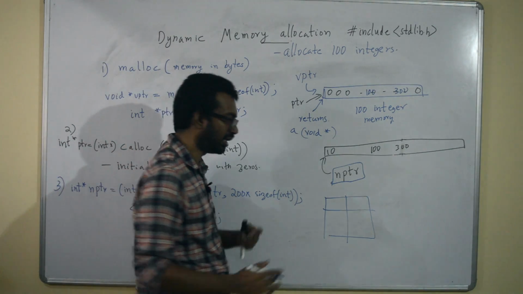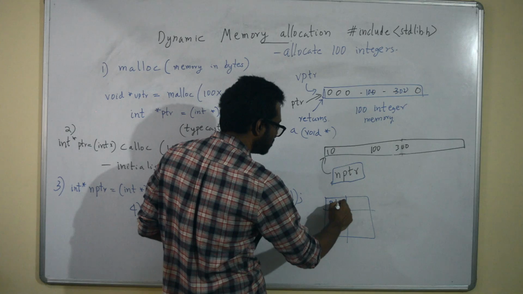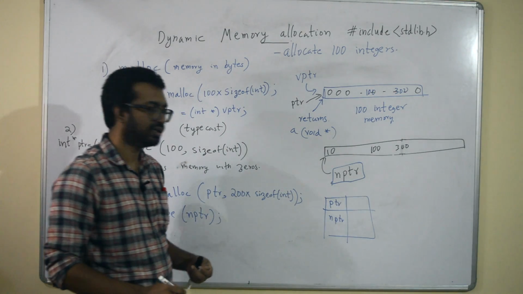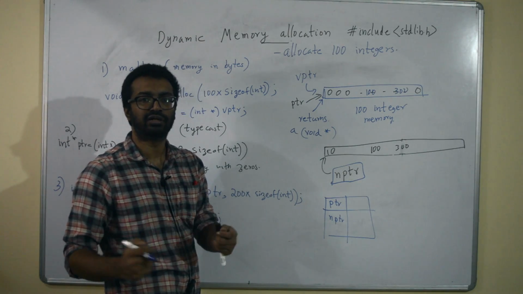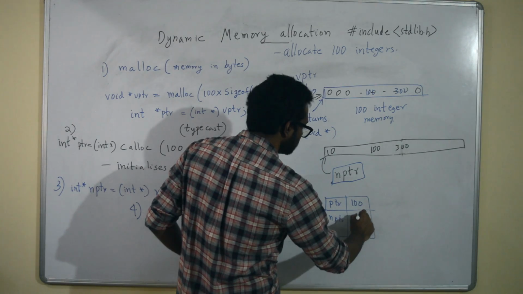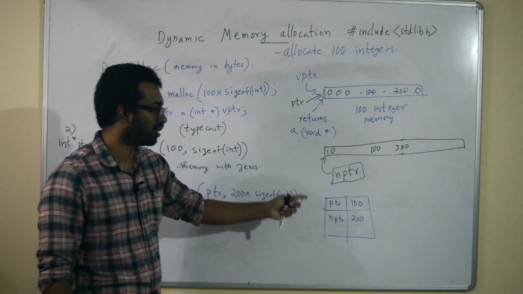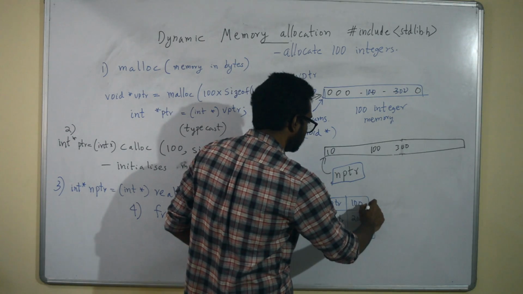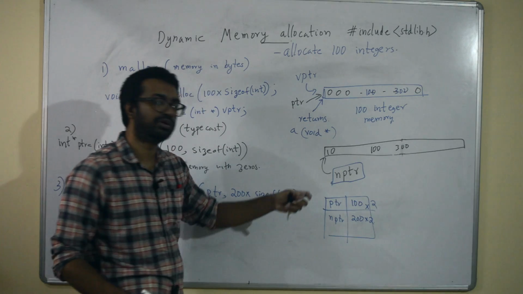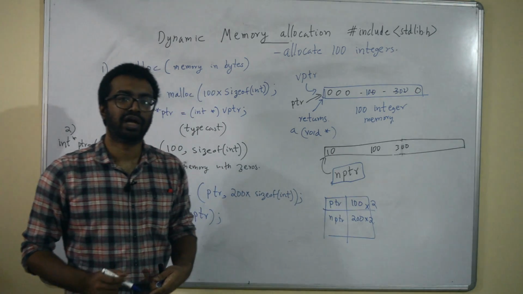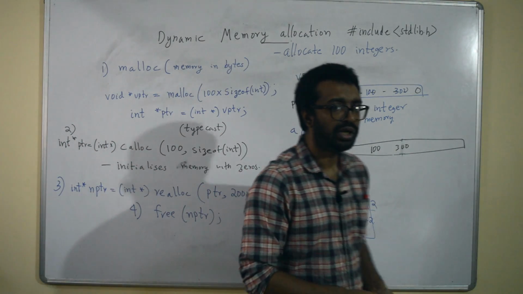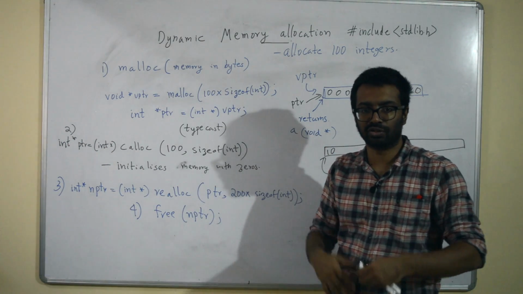First is the pointer, the address, and then how much memory was allocated starting from that address. So this is not 100 or 200, this is 100 times sizeof(int), so let's call it 2. So 200 bytes here and 400 bytes here were allocated. This table is maintained by your machine. Actually, it is maintained by malloc and calloc.